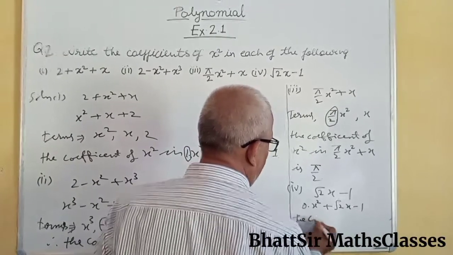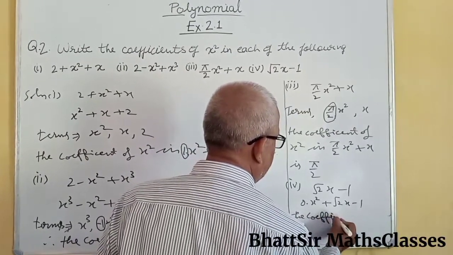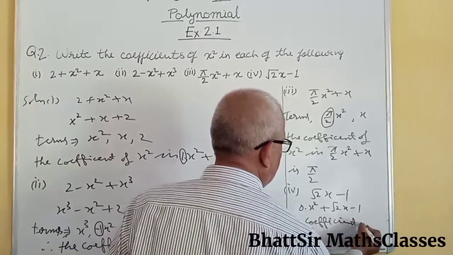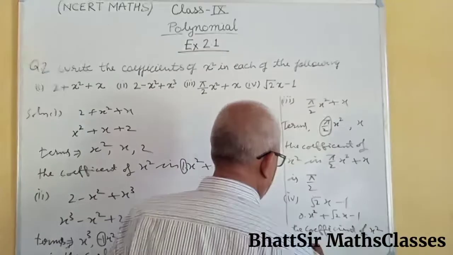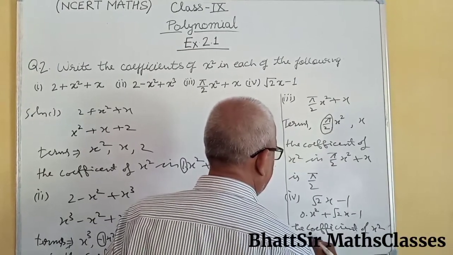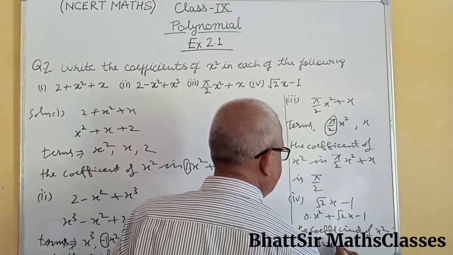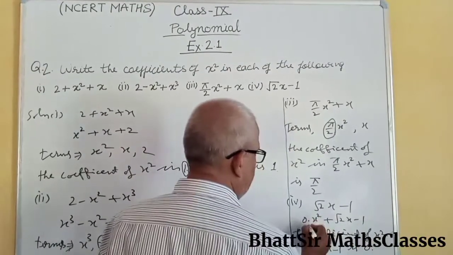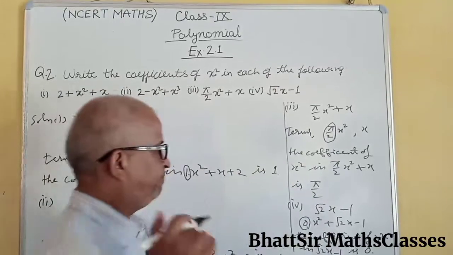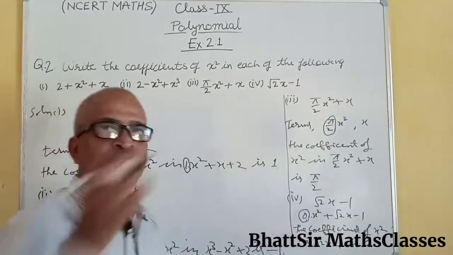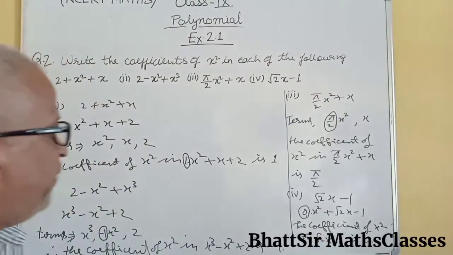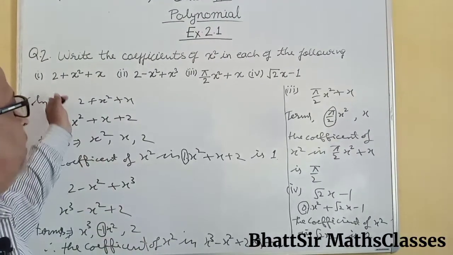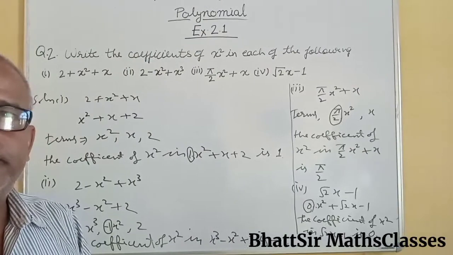So the coefficient of x square in root 2x minus 1 is 0. So we can find out the coefficient of x square in the given polynomials.